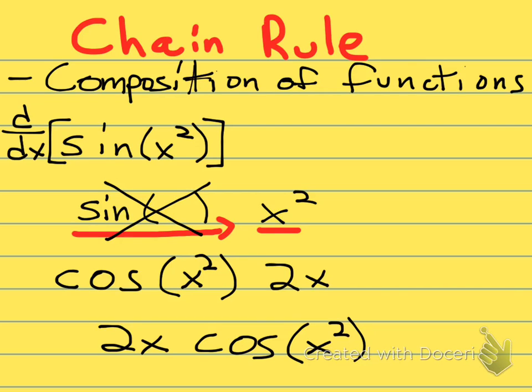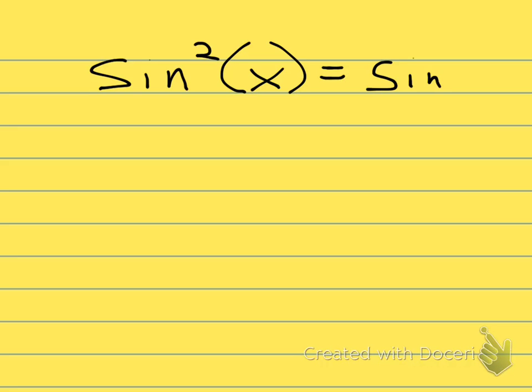Okay, so let's try another example. Let's try one where it's just a little bit different, but I have the sine squared of x. Okay. So now I have two different functions here. Well, actually I have three, because I can write this as the sine of x.